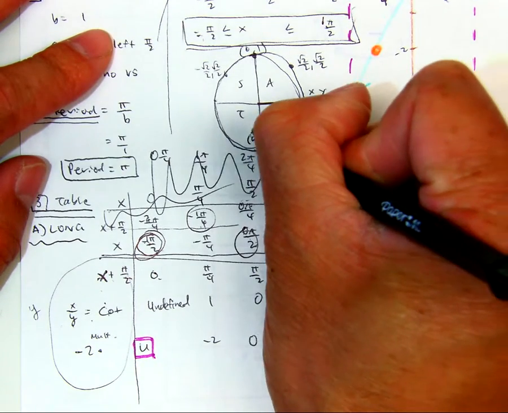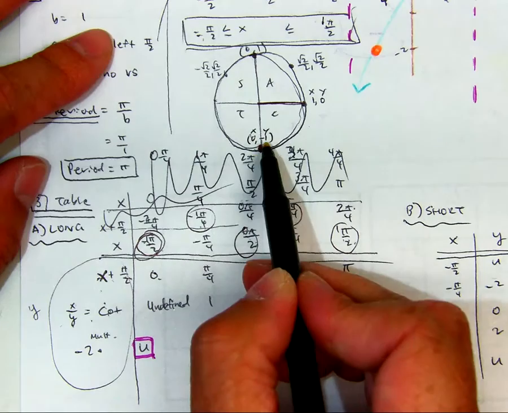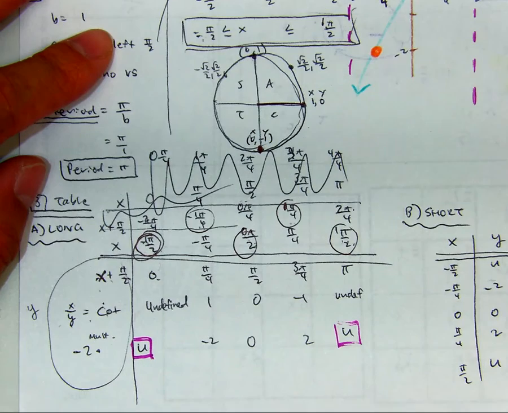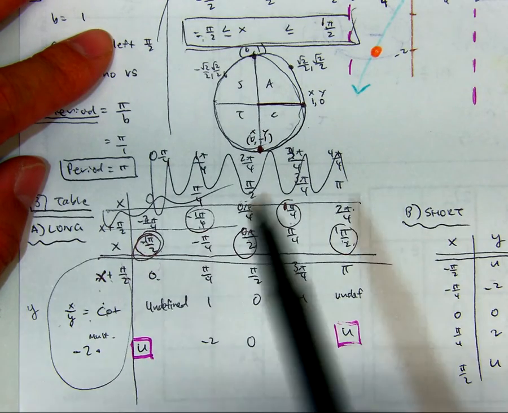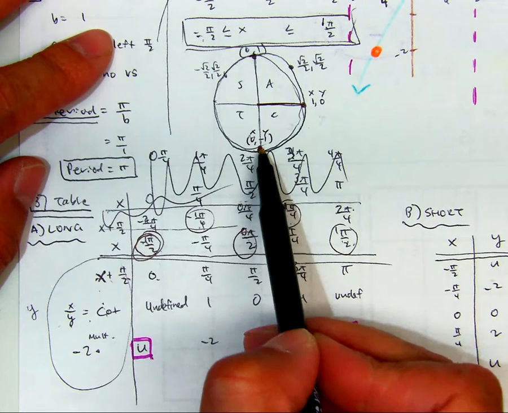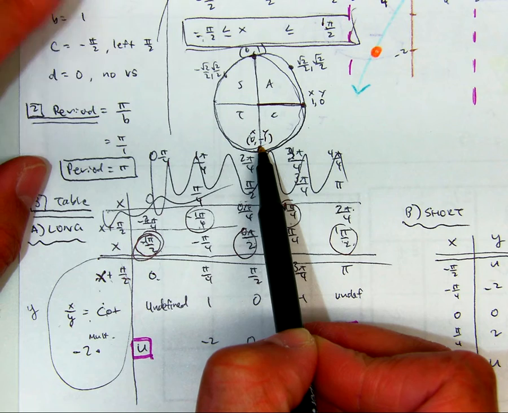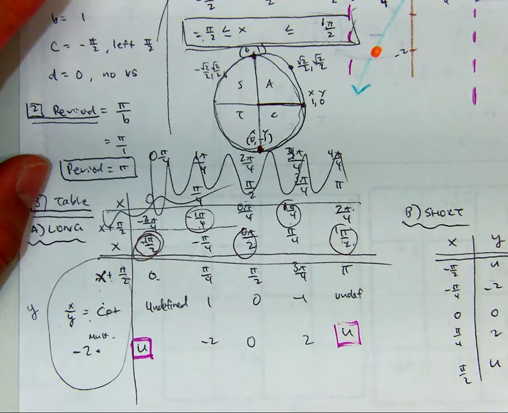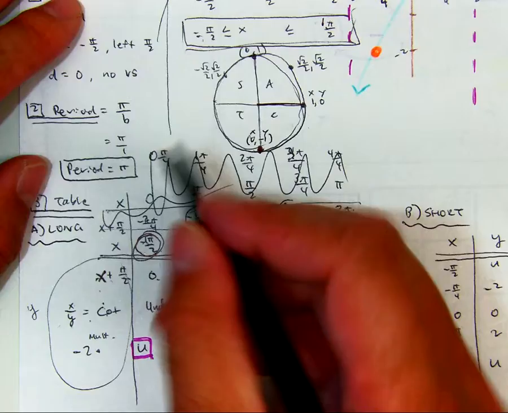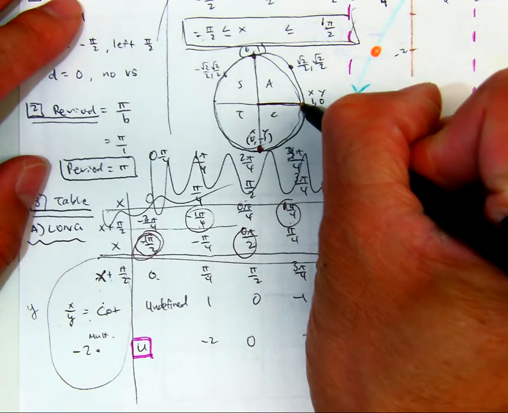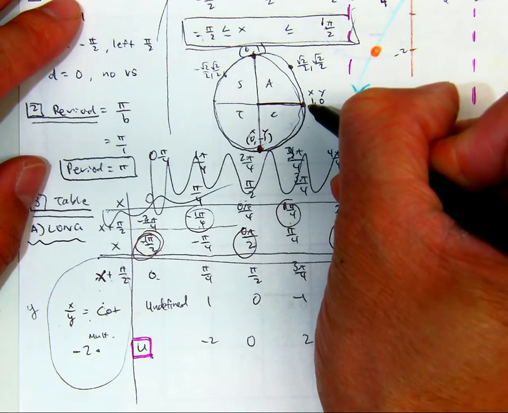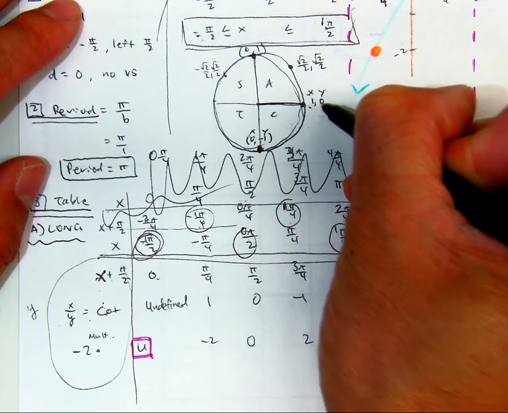So that means my x value, let's think about this. Cotangent at 0. So that would be 1 x over y, so 1 divided by 0 is undefined.